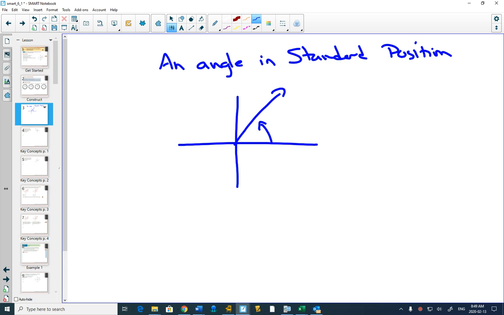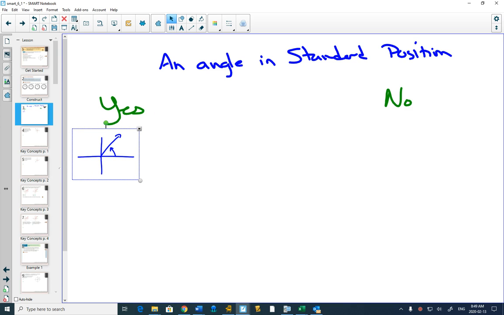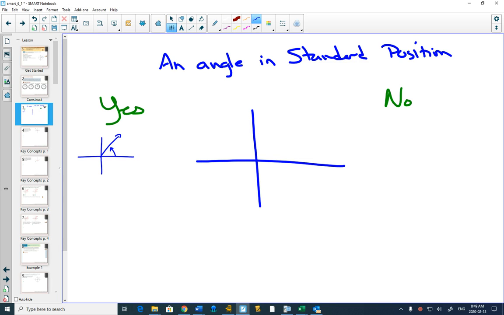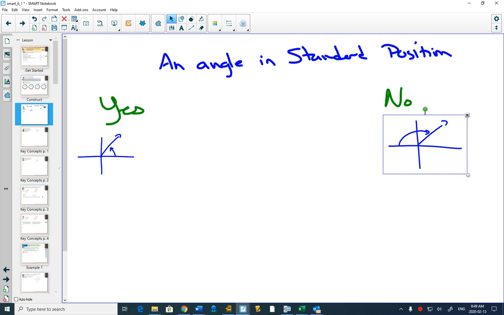So for example, I could start with this angle, and that angle, we'll title these. This section will be the yes side, this section will be the no side, and this angle right here is in standard position. But this angle is not.